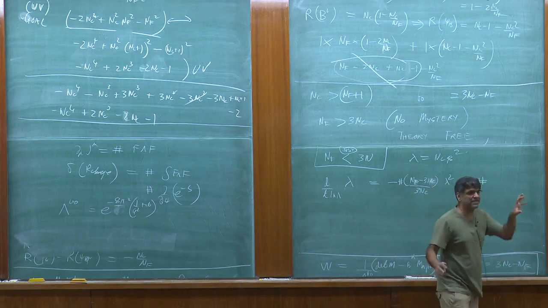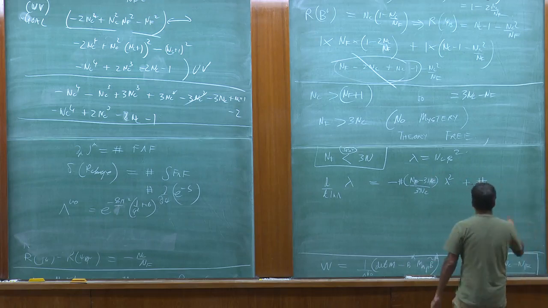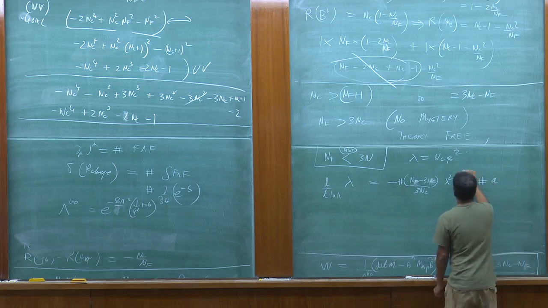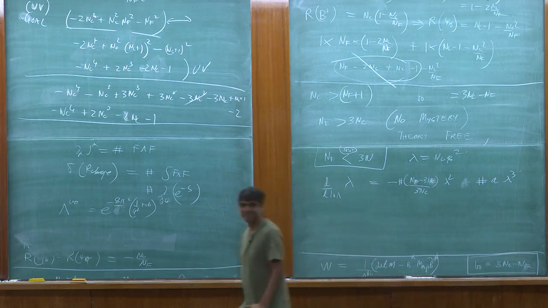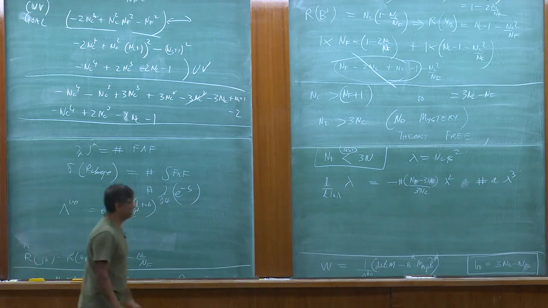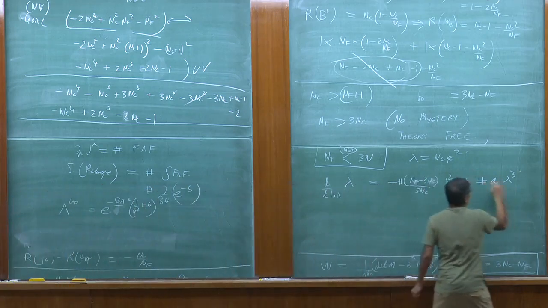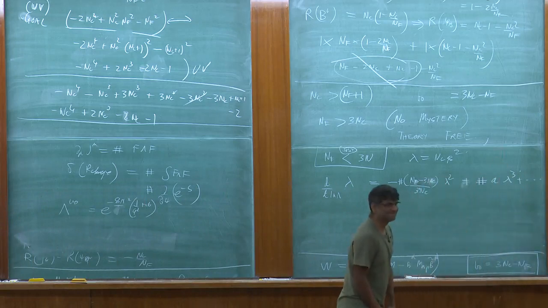Everything I'm saying here is known very precisely. And positive, let's call it A times lambda cube. There is a plus sign. And plus there is lambda to the 4 and so on, which we're not keeping track of.